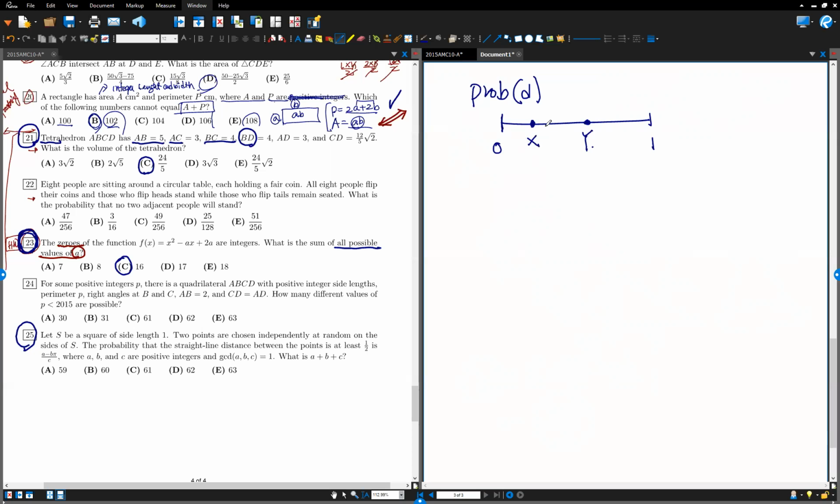To choose 2 points such that their distance, X minus Y, is always less than or equal to 1. Sometimes equal, sometimes not equal, it's the same thing, because when you have one line, the probability of a single point is 0, so it doesn't matter. I'm going to include this one.